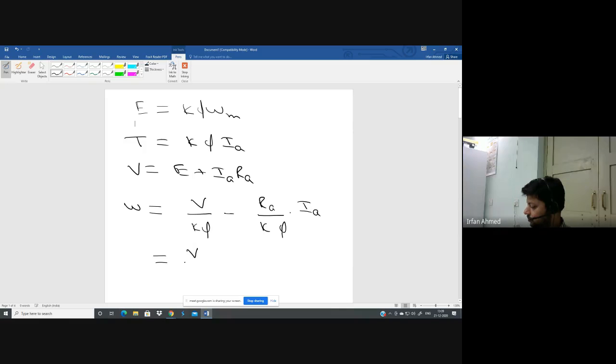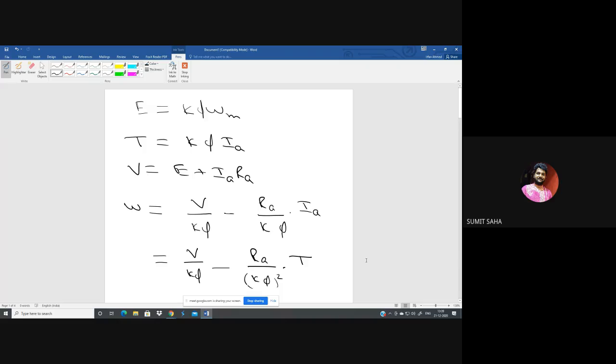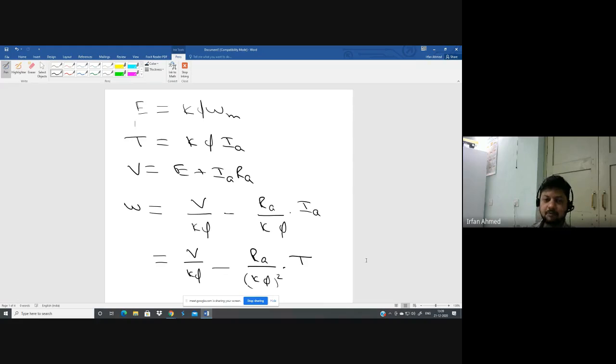Or it is equal to V upon K phi minus Ra upon K phi whole squared multiplied by the motor torque. Okay? Yes, sir. So this is the equation for the speed of a DC motor.